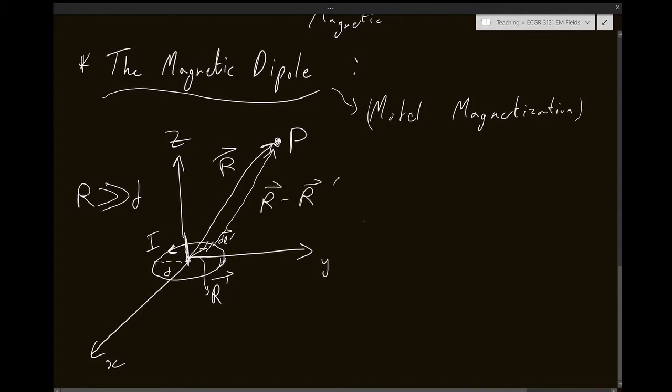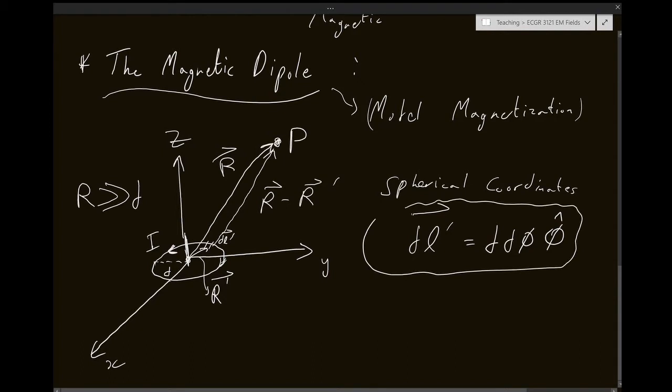We said we're using spherical coordinates. So in that case, dl prime is going to be d phi hat, because we are constrained to move on a circle.